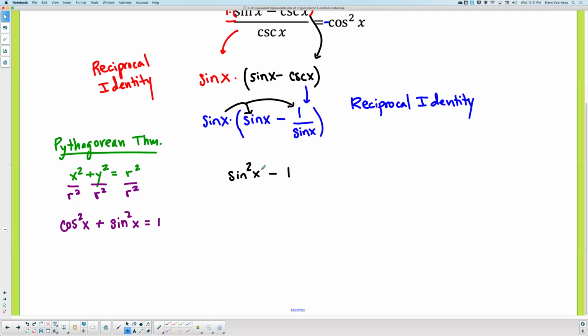If I were going to have sine squared minus 1, I just need to manipulate this. So you see how it says sine squared minus 1? I would need to have a minus 1. Now if I minus 1 on the left, I got a minus 1 on the right. Make sense? So I would have a cosine squared plus a sine squared minus 1 equals 0.